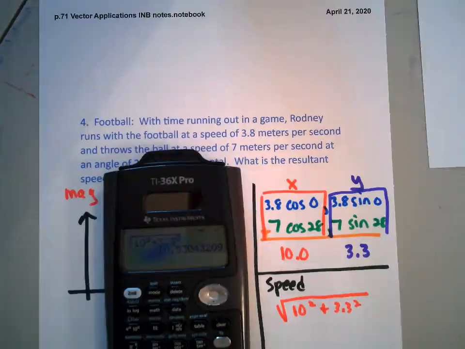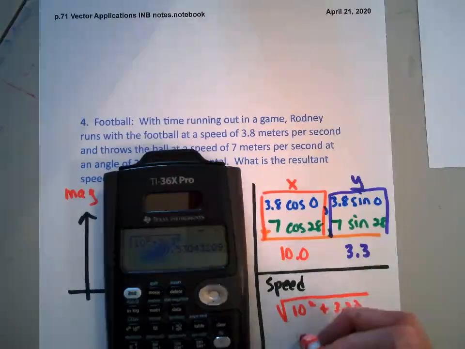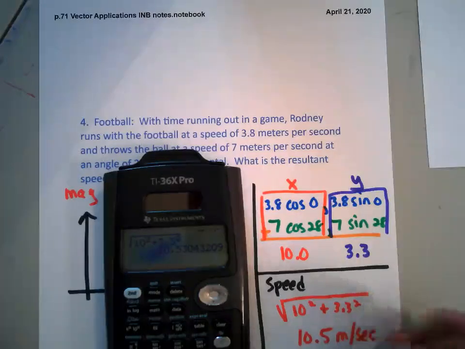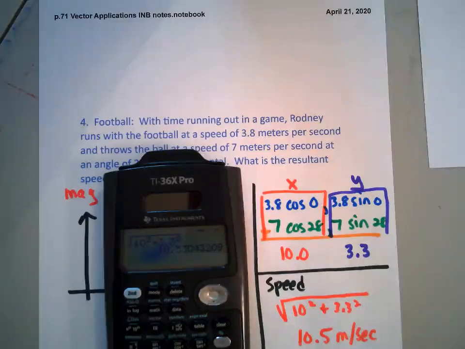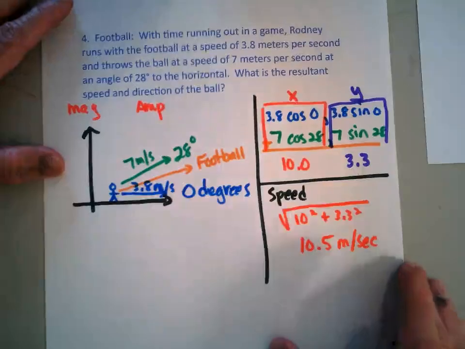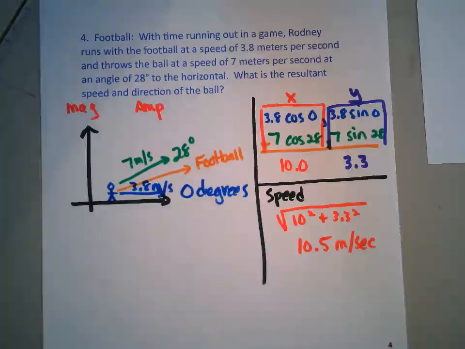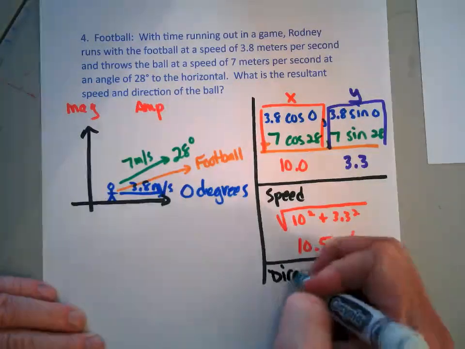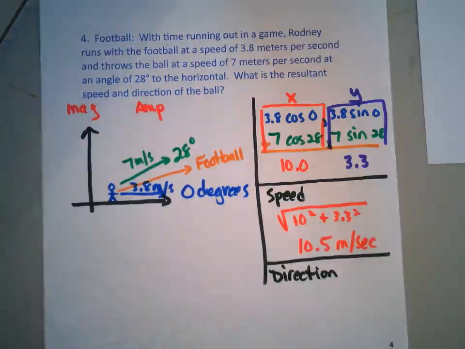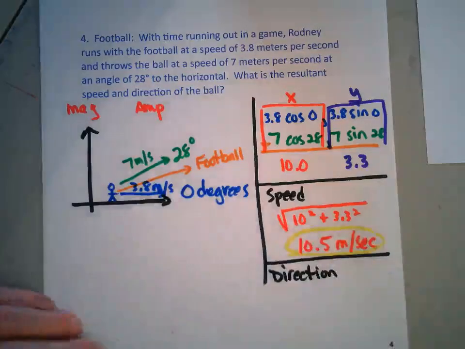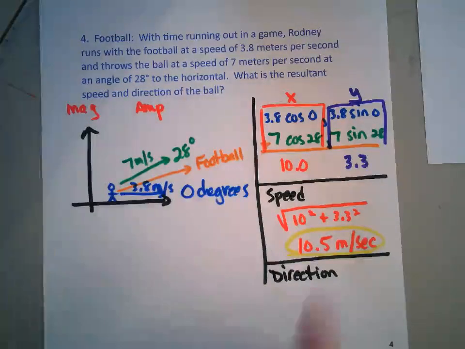It'll do it for me at 10.5. So this ball is moving 10.5 meters per second. That's the speed. So this right here is answer number 1, 10.5 meters per second. Now let's find the direction.